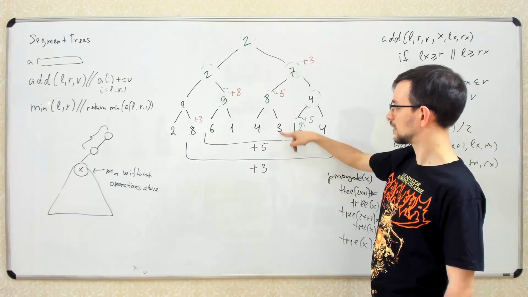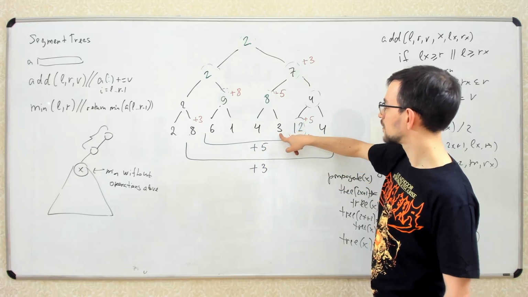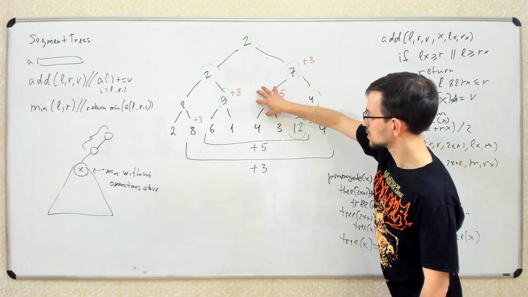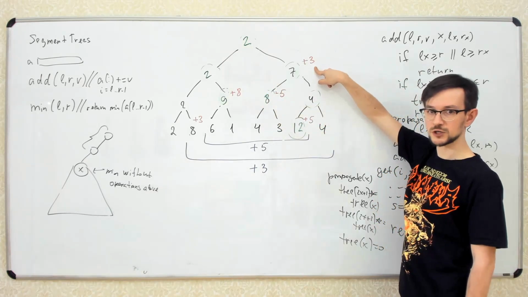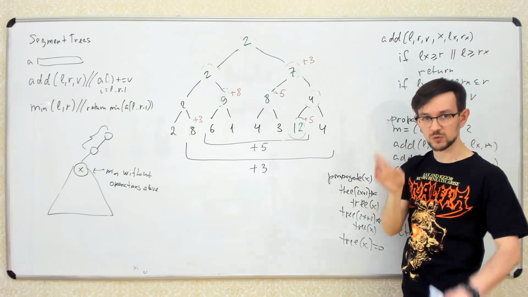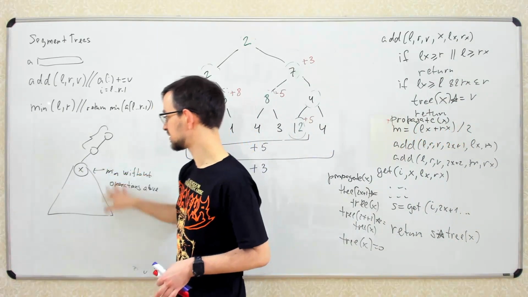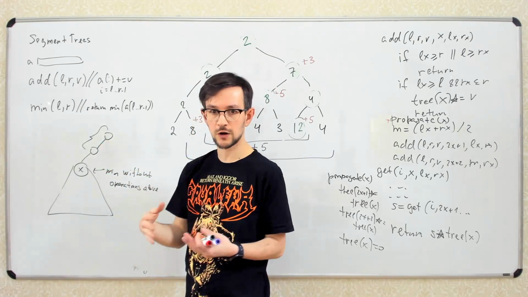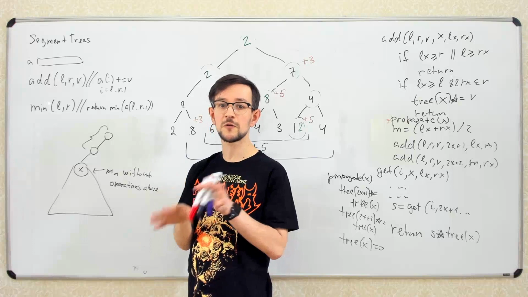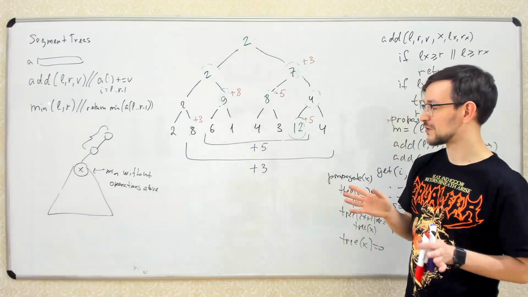But this minimum is 8 because it doesn't know about this operation, and that's fine. That's what we want. We want each minimum to know only the operations inside this segment. If we have some operations above, we just don't care about them. We will take care of them later, when we need to.